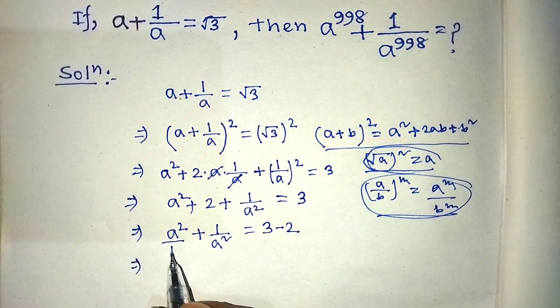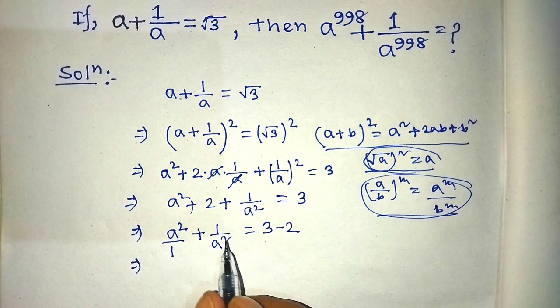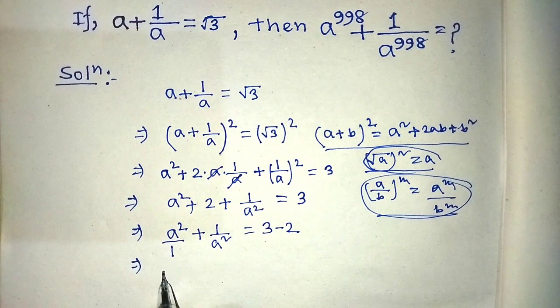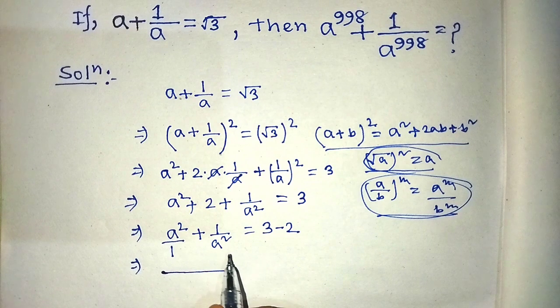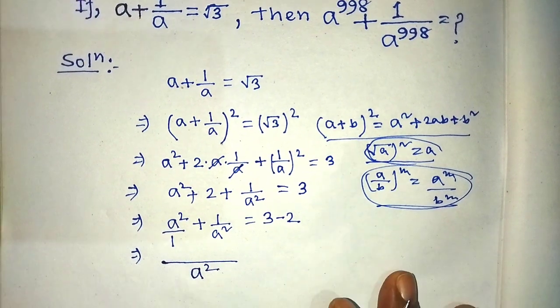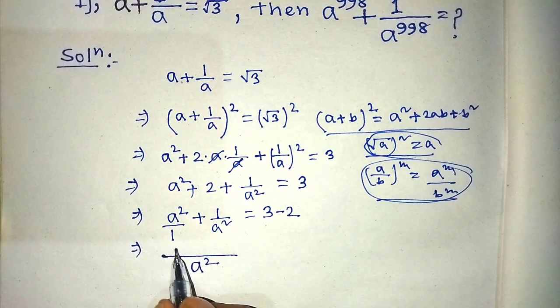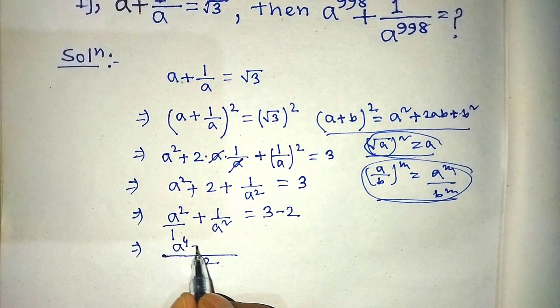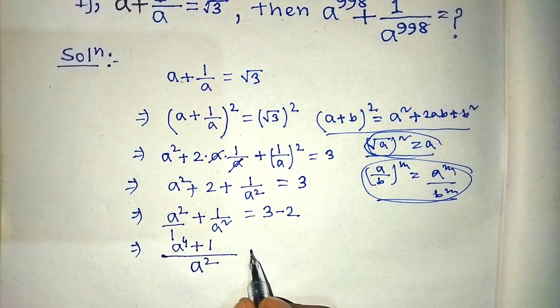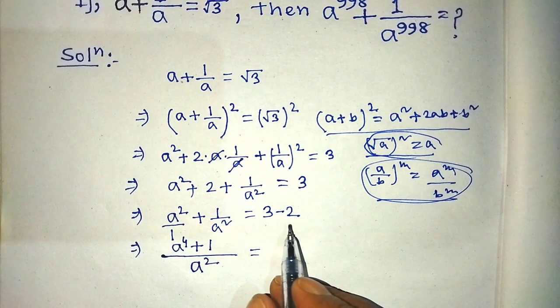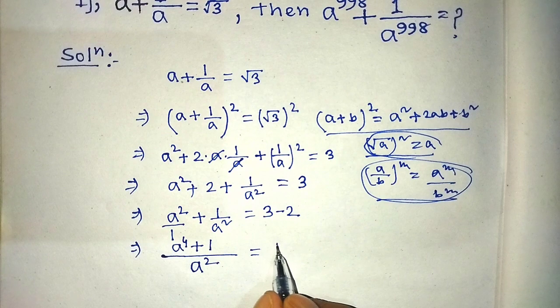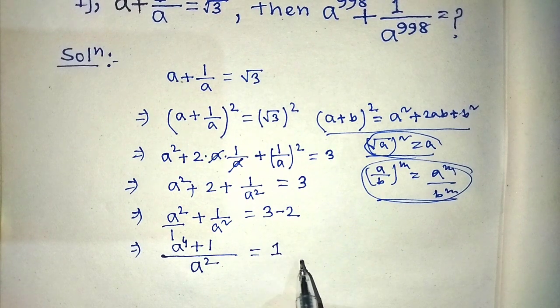The denominator of the first term is 1, and in this fraction the denominator is a square, so we find the LCM of 1 and a square. The LCM of 1 and a square is a square, so we write a square in the denominator, and in the numerator we write a to the power 4 plus 1, is equal to, on the right hand side, if you subtract 2 from 3 then you get 1, so we write 1.